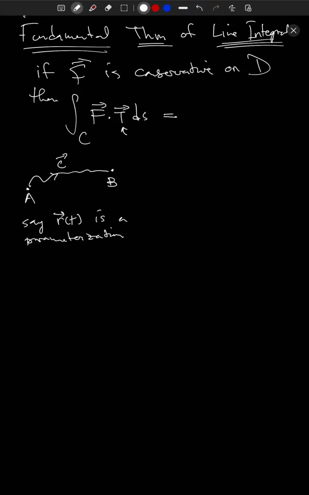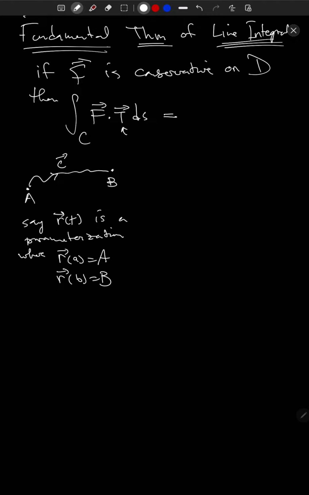We want nice behavior here. We would like r to be one-to-one. I'm not going to write that, but we've talked about it in the past. So say r is a parameterization where r of t equals little a is equal to capital A, and r of t equals little b is equal to capital B.